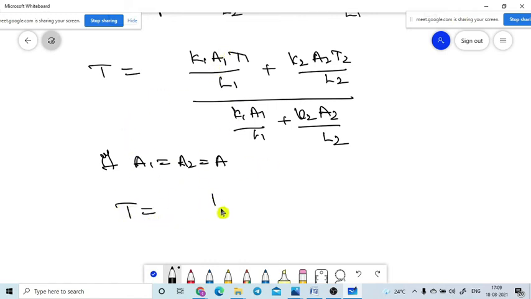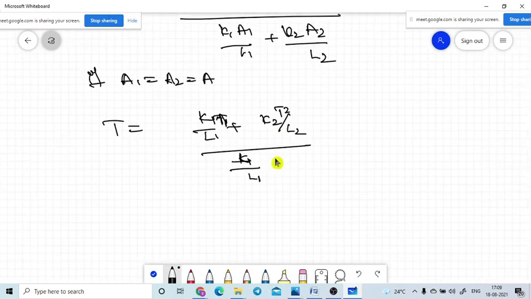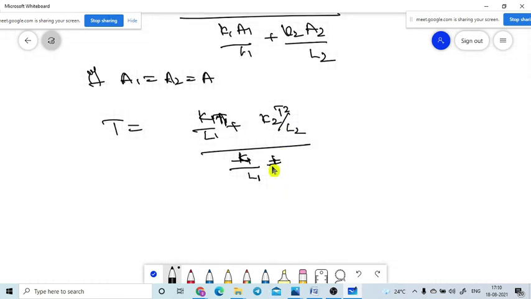Then T is equal to K1 T1 by L1 plus K2 T2 by L2, divided by K1 by L1 plus K2 by L2. This is the formula here.